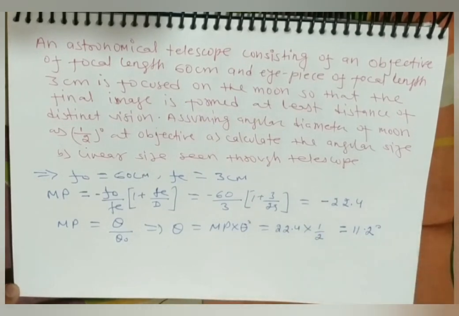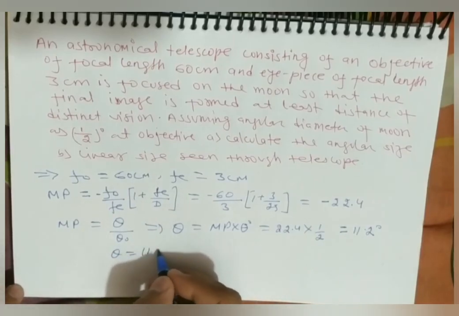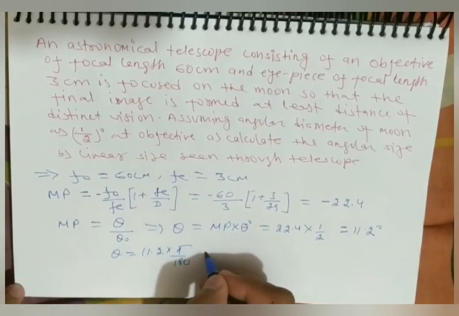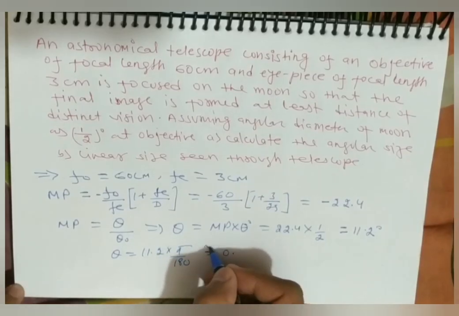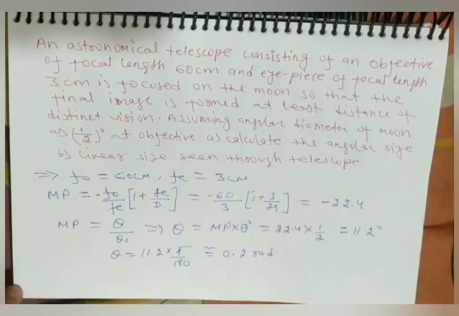If you want to calculate in radian, we can convert 11.2 into pi upon 180, so it will be approximately 0.2 radian.